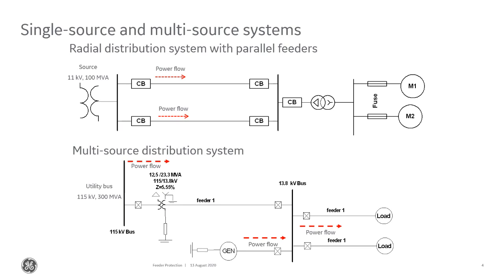Usually in normal conditions, the flow is towards the load. However, if you have a fault on feeder 1, for example, the generator at the industrial facility will feed fault current into that feeder. So instead of power flowing towards the load, power is now going to flow back into the utility feeder, and we need to protect against that also.